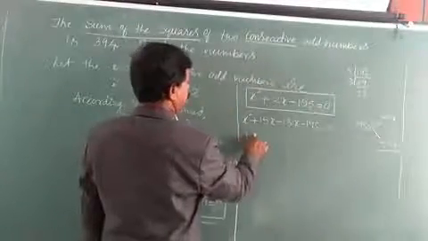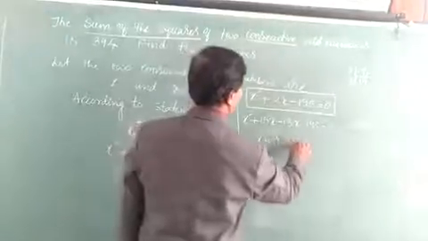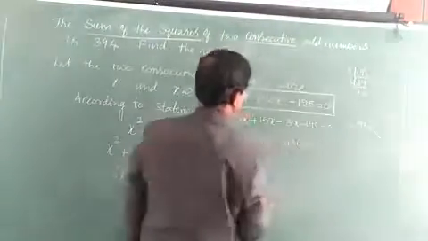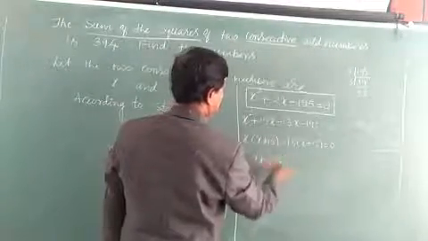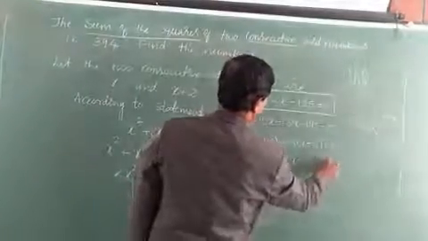And taking x common, x plus 15, minus 13 common, x plus 15 equals 0. Now x plus 15 common, left out is x minus 13 equals 0.